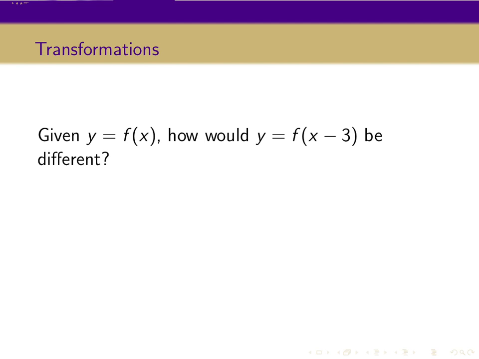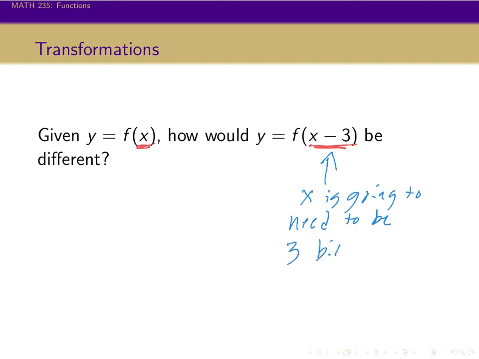So instead of plugging in x, we're plugging in x minus 3. And so what this is saying is that x is going to need to be 3 bigger to get the same output.